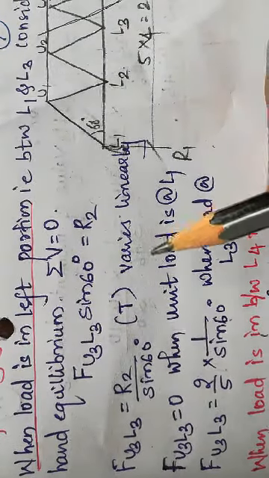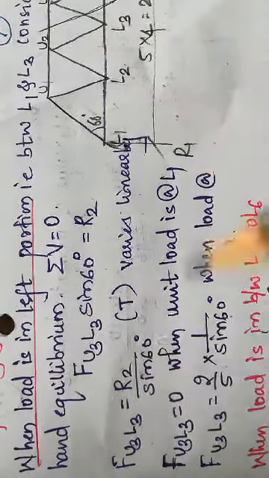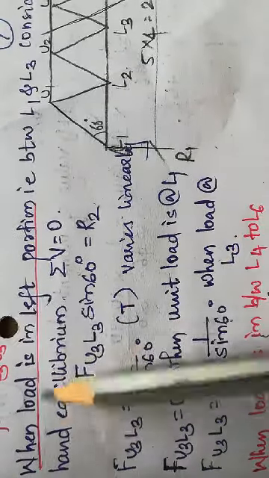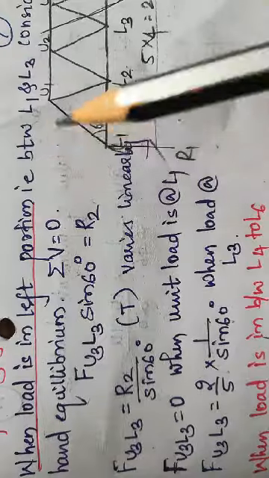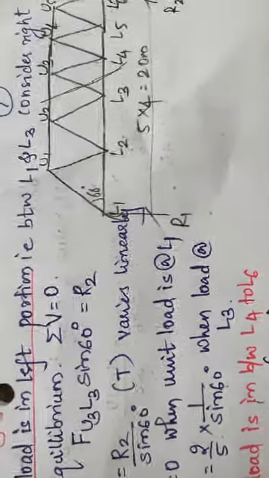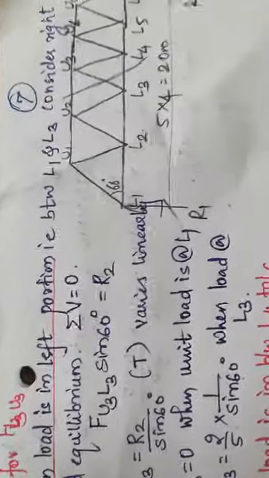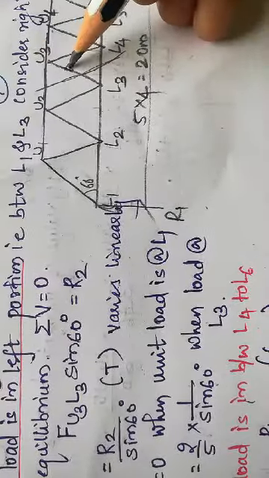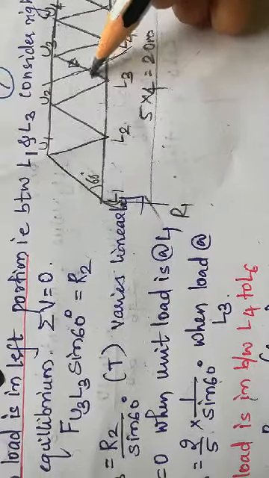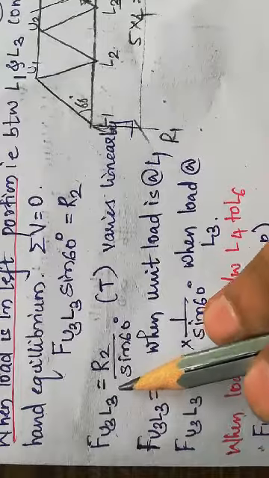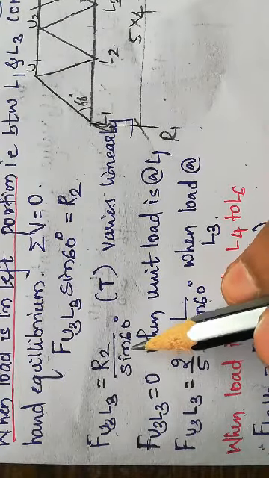So here I have written it once more in the theory part. When the load is on the left portion, that is in between L1 and L3, consider the right hand equilibrium. So we have to consider the right hand equilibrium over here. Then after that we got force in U3, L3 is equal to R divided by sine 60.